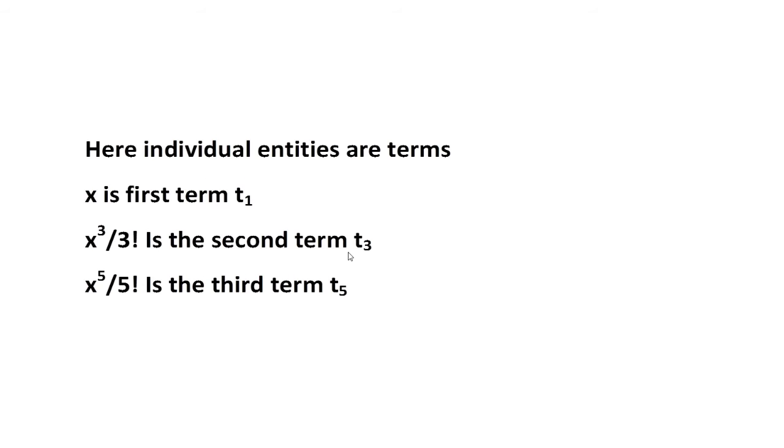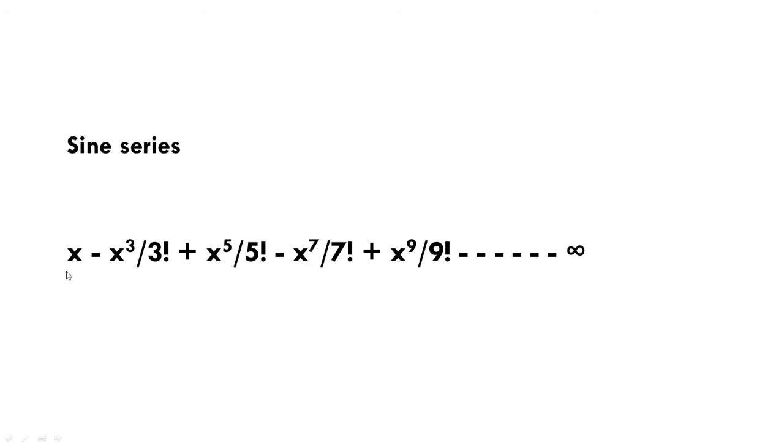Once again I show you the series. The first term is x, which can also be represented as x raised to 1 divided by 1 factorial. Then minus x raised to 3 divided by 3 factorial. Observe the difference between the powers: the first term has power 1, the next term has power 3, so the difference is 2.